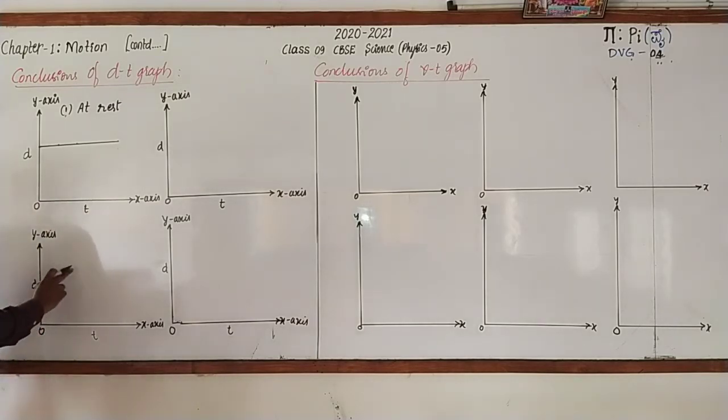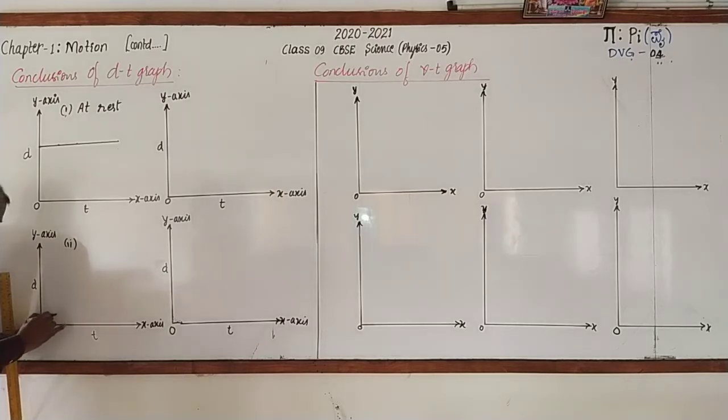Next, I take the second. Observe it. This is the initial position of a body. After 1 second, it comes to here. After 2 seconds, it comes to here. Observe the distance being covered by the body. Will it be same or different? It will be covering unequal distances in equal intervals of time.